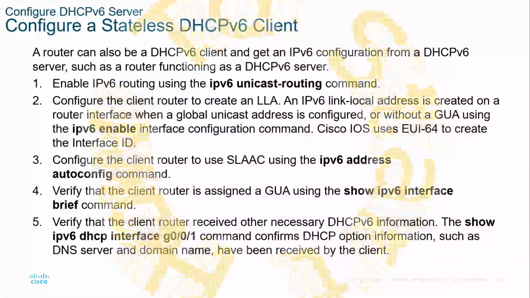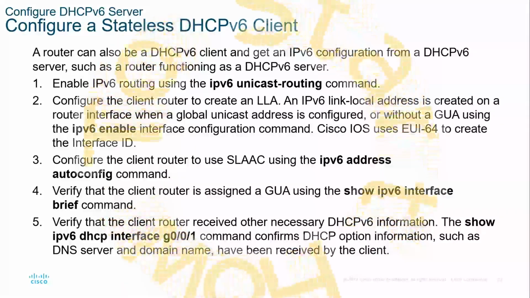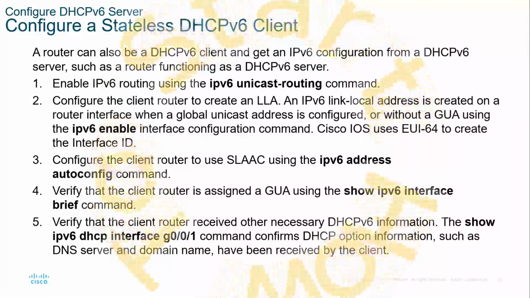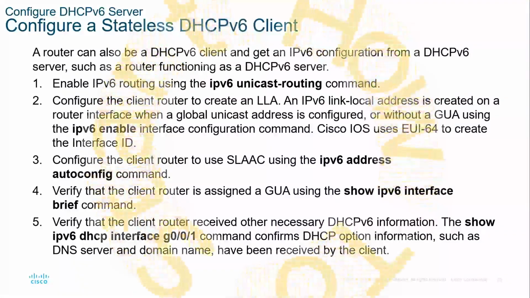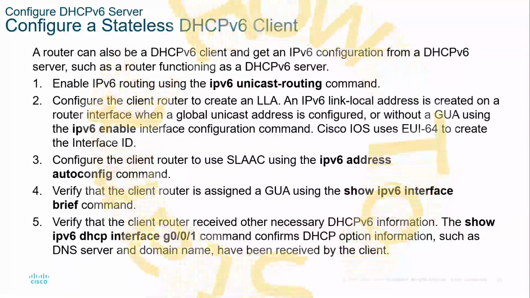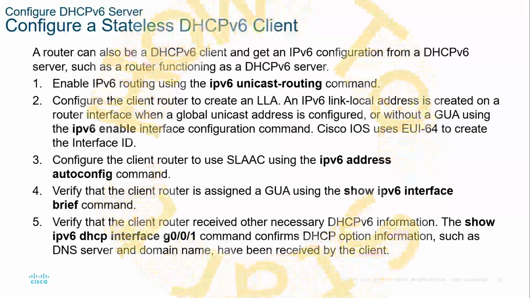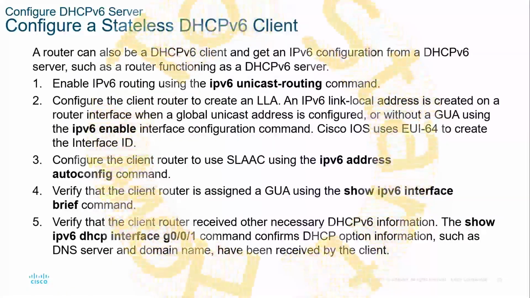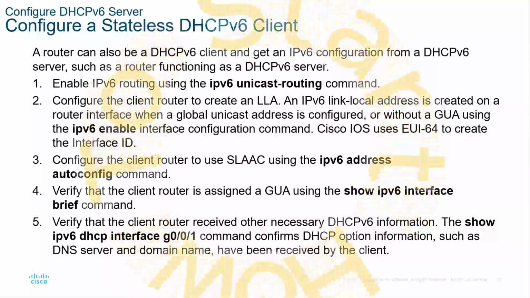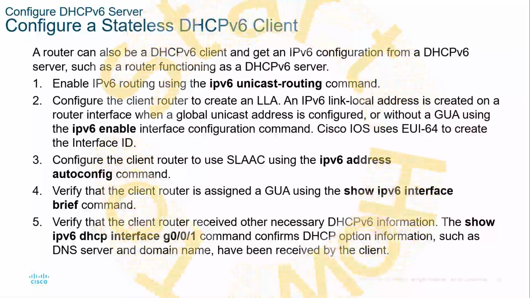How do you set up a client? Turn on IPv6 unicast routing. You would then enable IPv6 on an interface. You can configure the client to use SLAAC using IPv6 address autoconfig. That will use SLAAC. You can verify it by doing a show ipv6 interface brief.